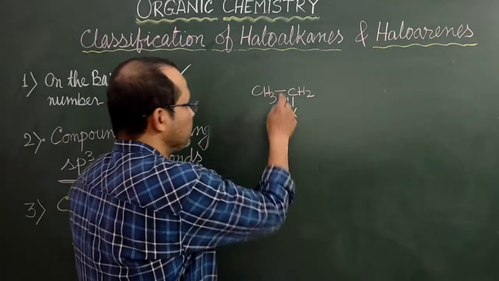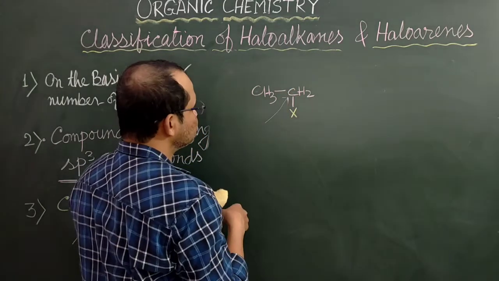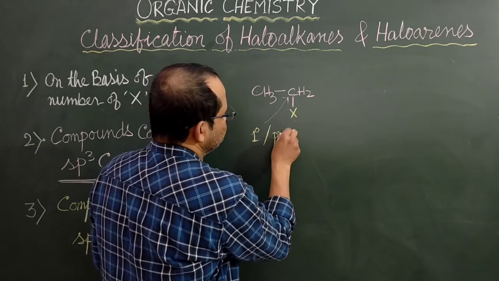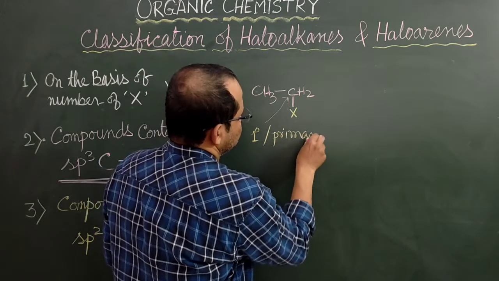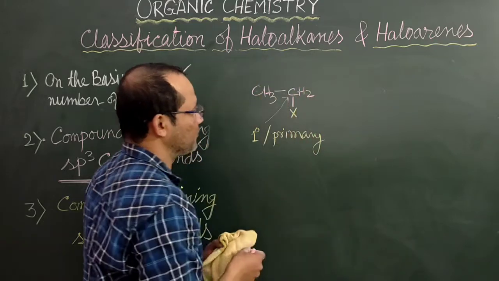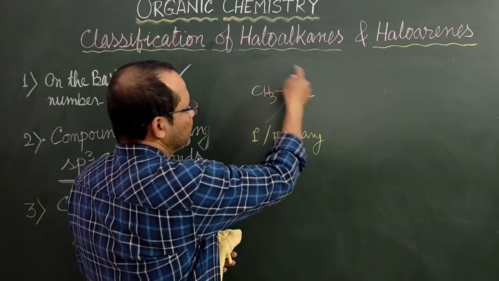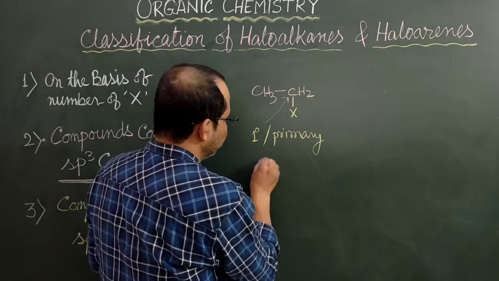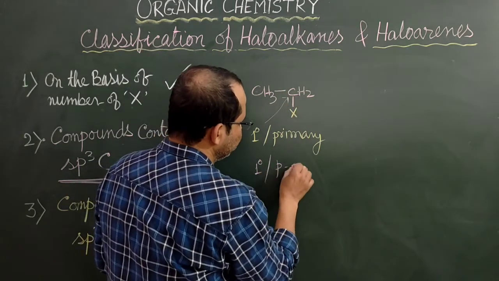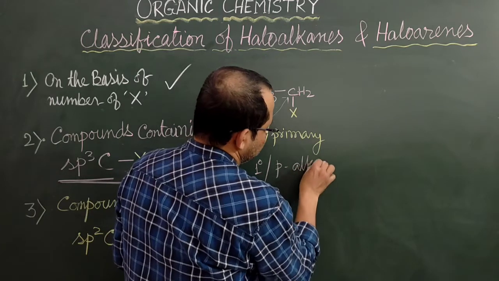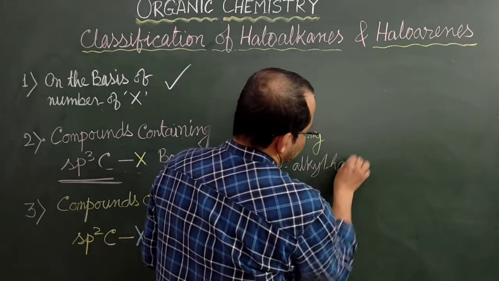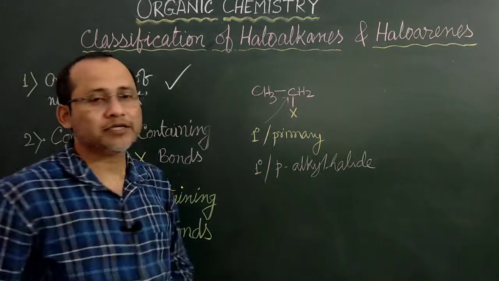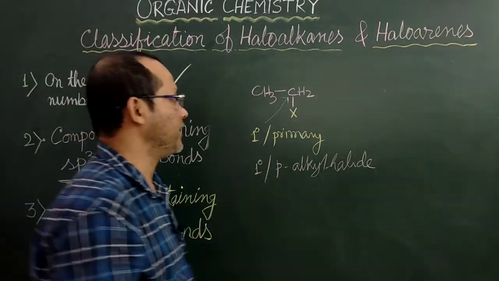If this be the case, then this carbon atom is termed as 1 degree or primary. So this is a primary carbon atom, and the product as a whole is termed as 1 degree or primary alkyl halide. Okay, so this compound is a 1 degree alkyl halide.